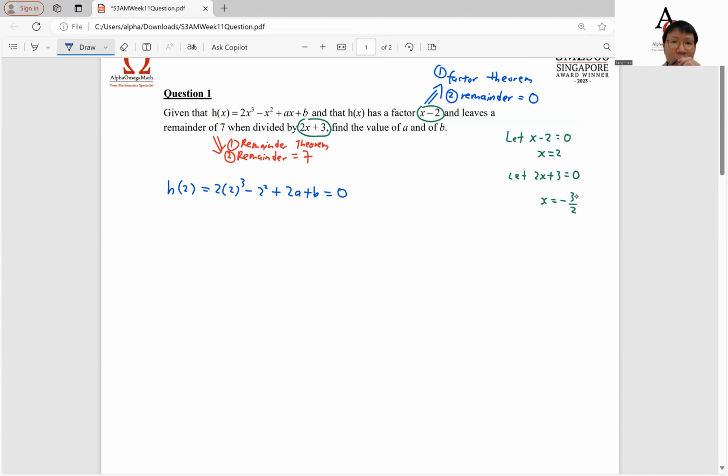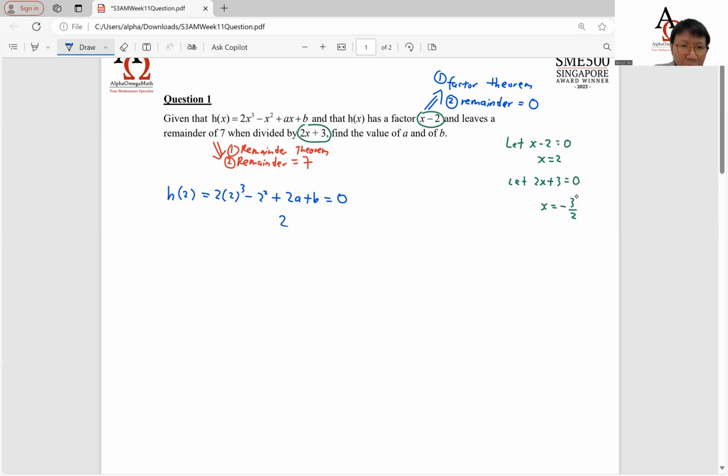This will be our first equation. If we simplify this very quickly, we can say that 2a plus b plus 12 equals 0. This means that we can make b the subject, so b will be negative 2a minus 12. And this will be our first equation.